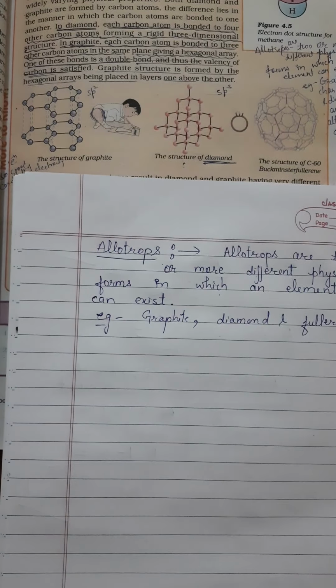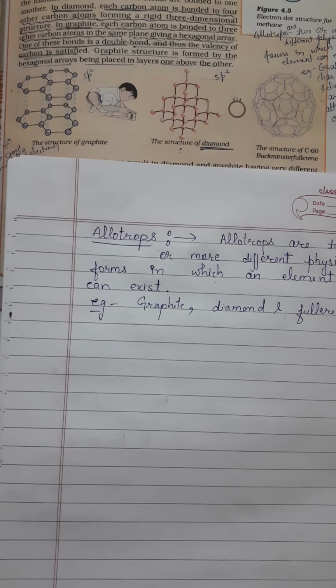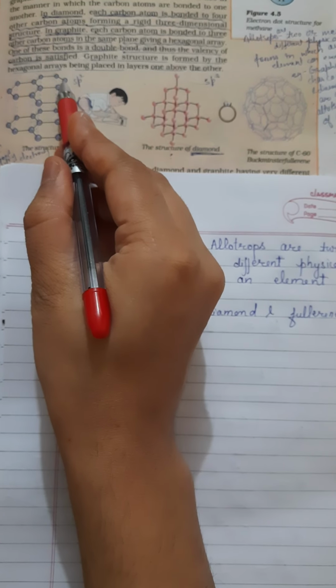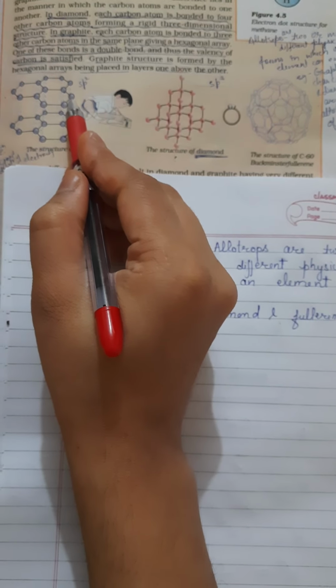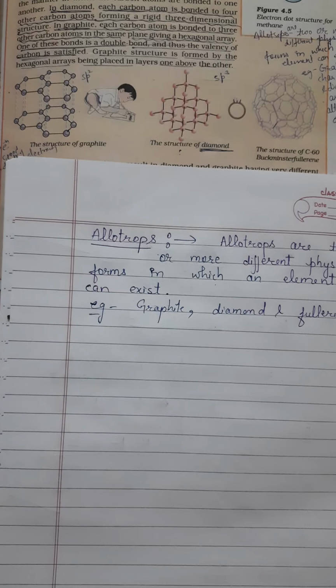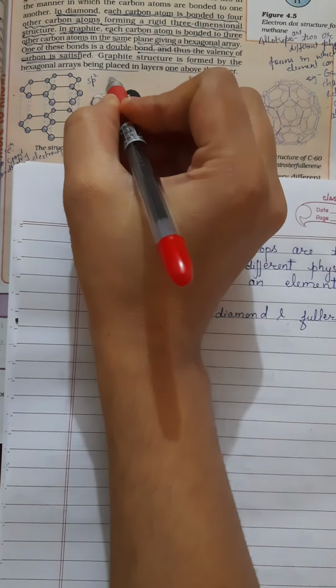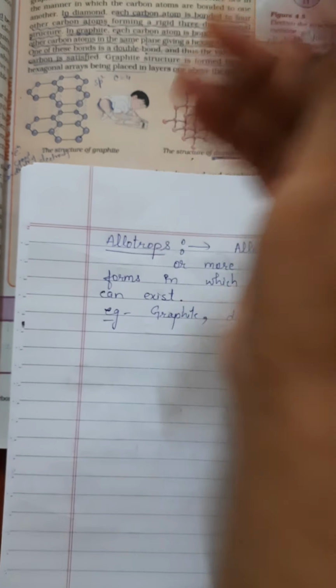Now see, in the case of graphite, these circles represent carbon. Each carbon is bonded to three different carbons. The valence electrons in carbon are 4.